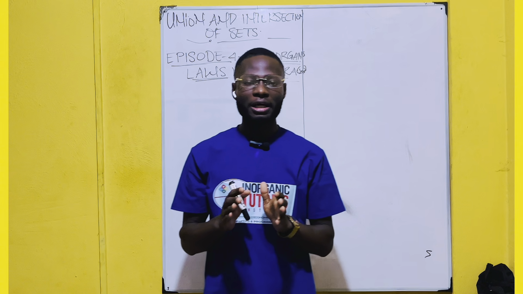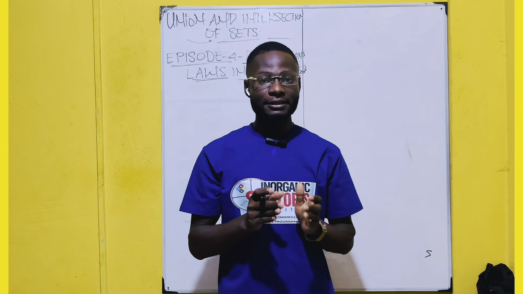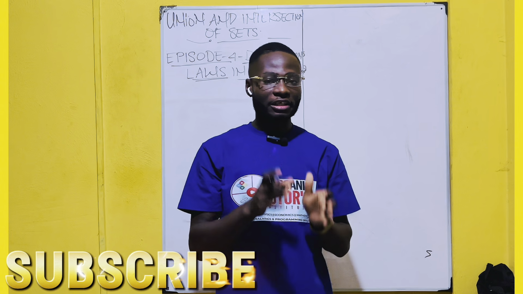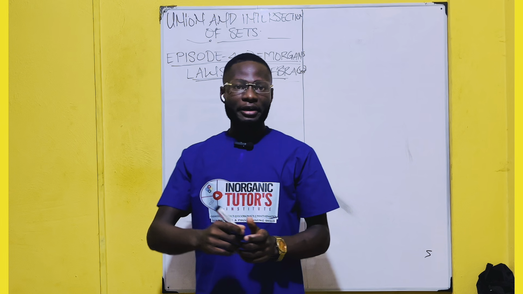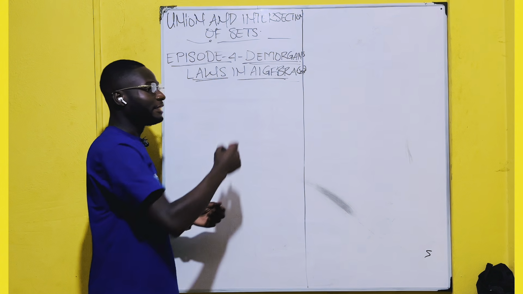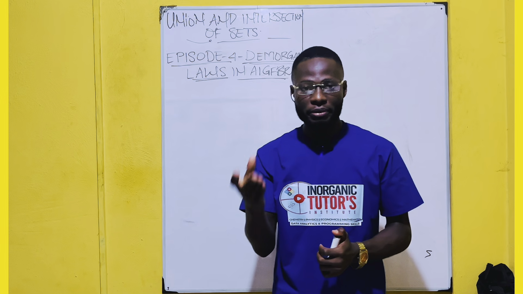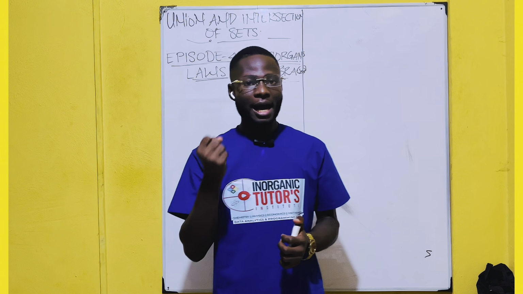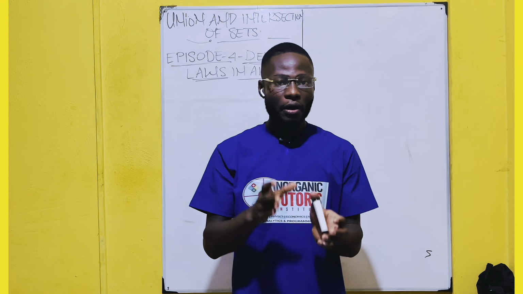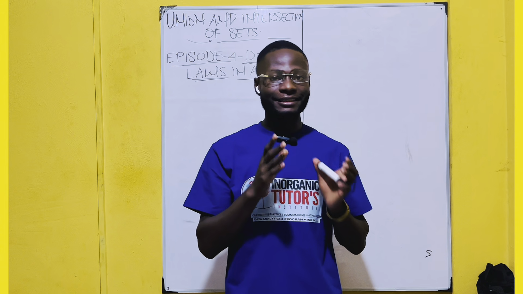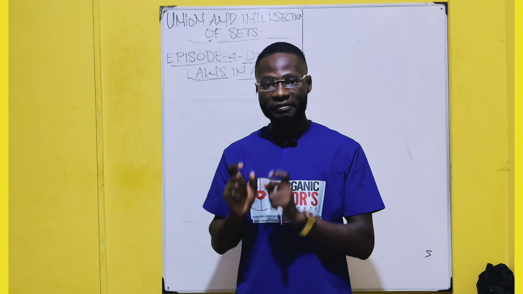When it comes to algebra, we often work with the combination of sets, where we talk about union, intersection, and complement. De Morgan's laws describe how the complement of a union or an intersection can be expressed in a simpler and equivalent form.